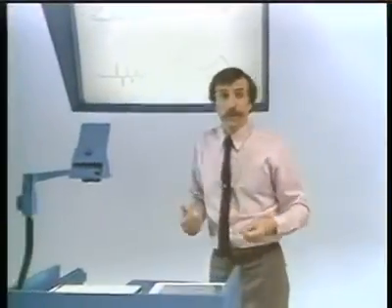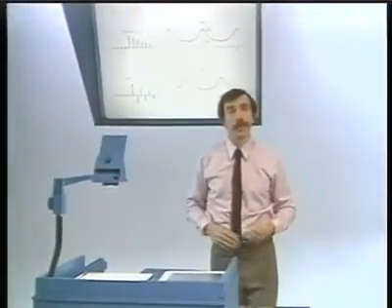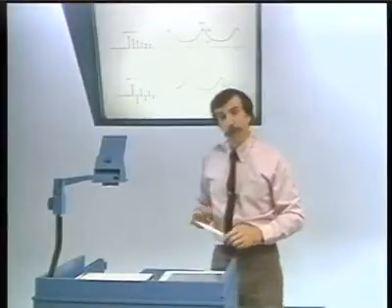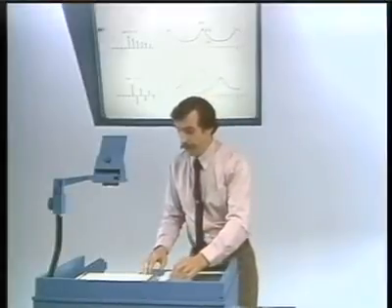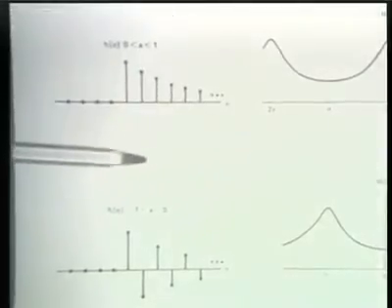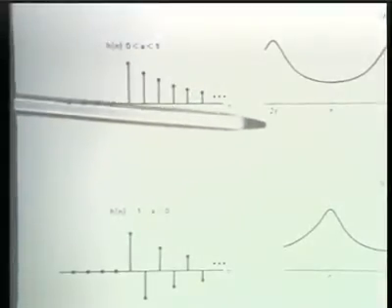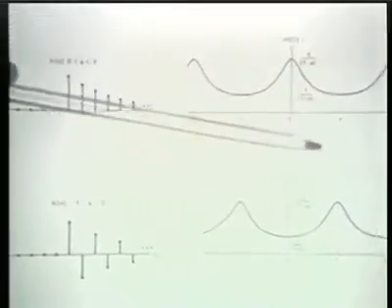So, in fact, we, in essence, saw this when I talked about the example of a sequence which was a to the n times u of n. Notice, let me draw your attention to the fact that when a is positive, we have this sequence, and its Fourier transform is as I show on the right.